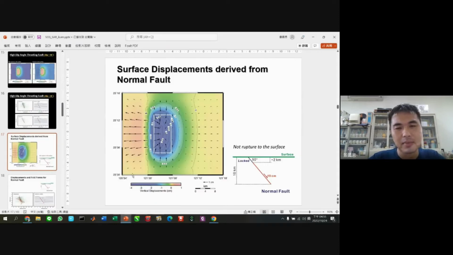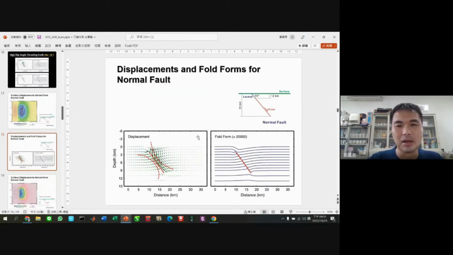Here it just tells you that, yes, the normal fault means everything on the hanging wall will go down, but the magnitude is different. The largest one is located very close to the fault, and it will decrease away from the fault.